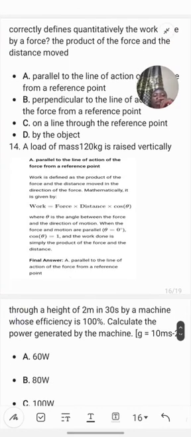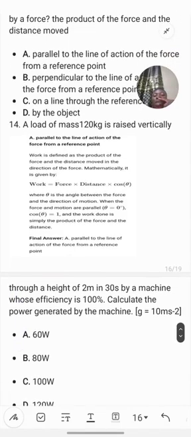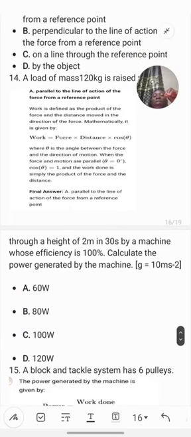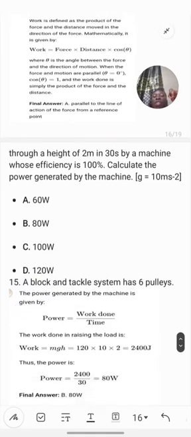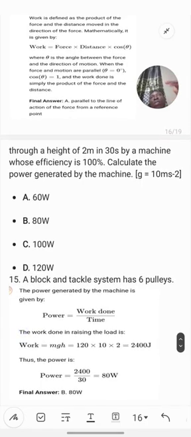Then we say a load of mass 120 kg is raised vertically through a height of 2 meters in 30 seconds by a machine whose efficiency is 100%. Calculate the power generated by the machine. Okay, now to calculate the power generated by the machine, you want to calculate power, you are saying work done over time.